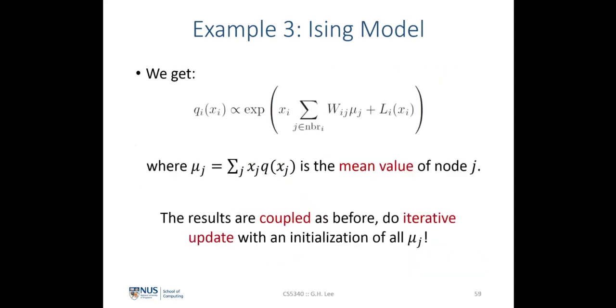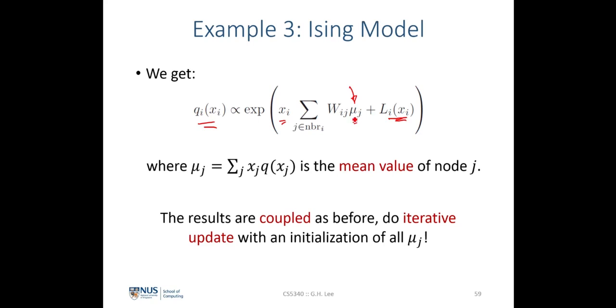As a result, we can rewrite the optimal solution for qi in this particular expression, where the expectation is now inside this mu j, because this term is independent of xj, and this term is independent of xj as well.